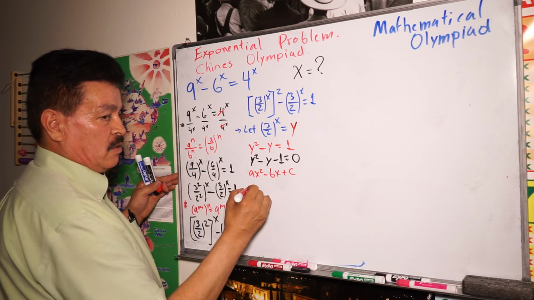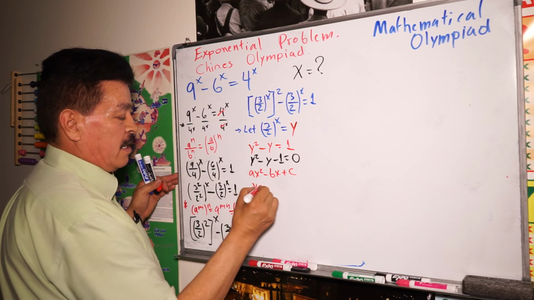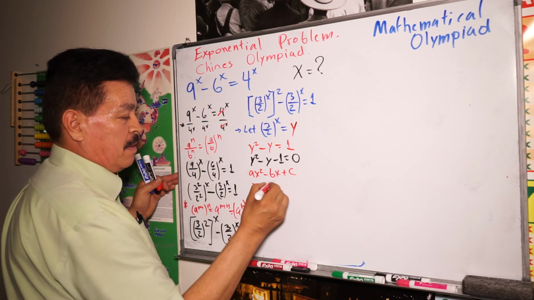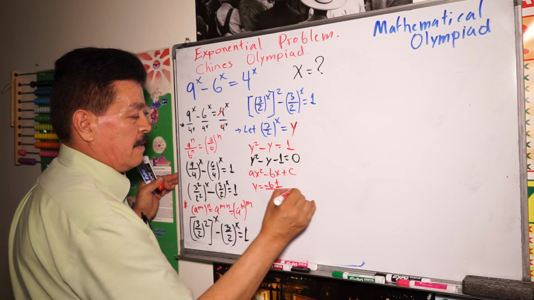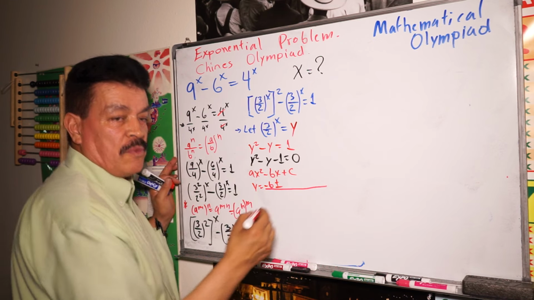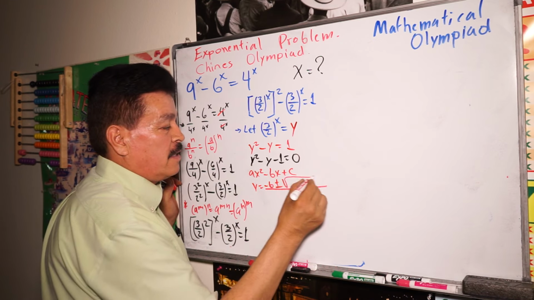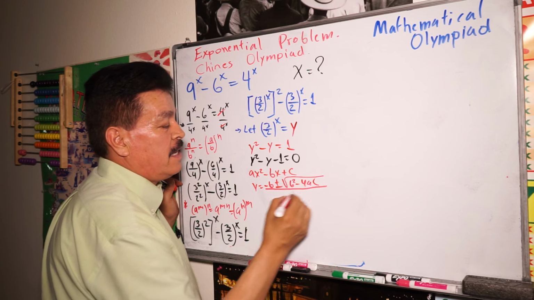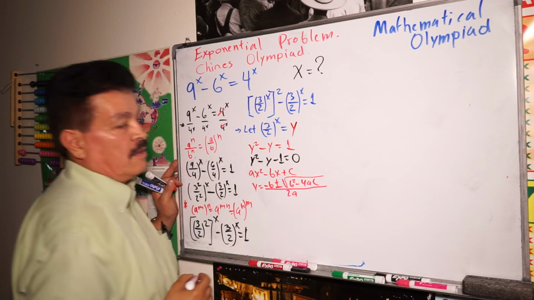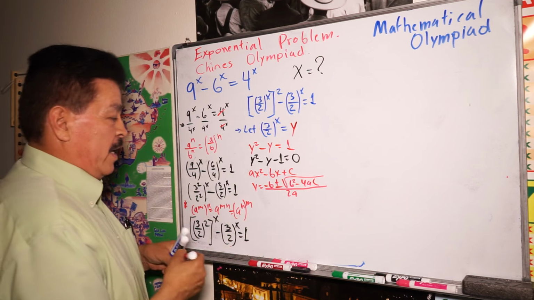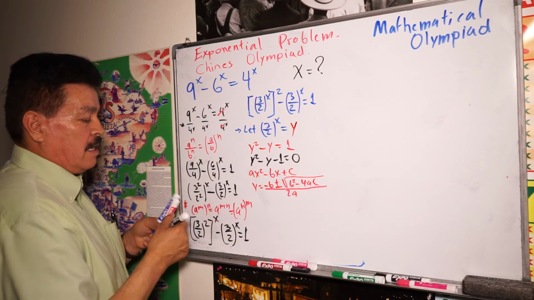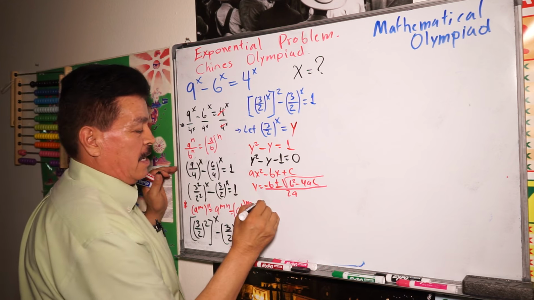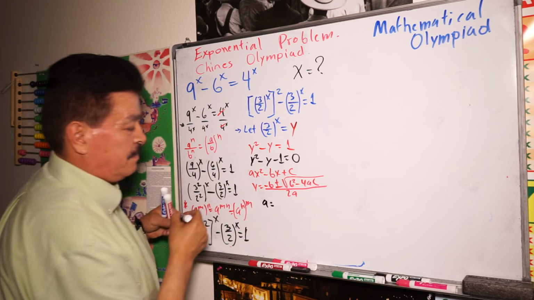It's another formula: y equals negative b plus or minus the square root of b to the second power minus 4ac, divided by 2a. This is the quadratic formula.